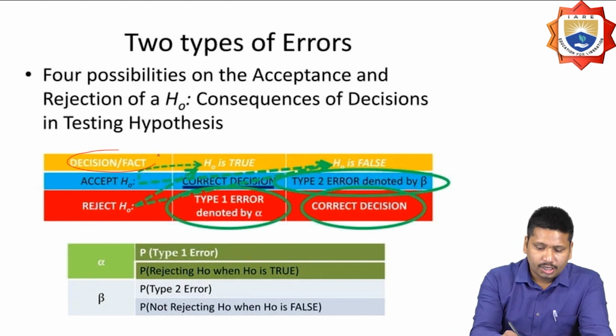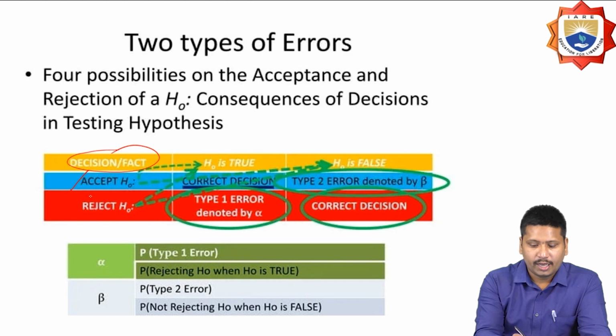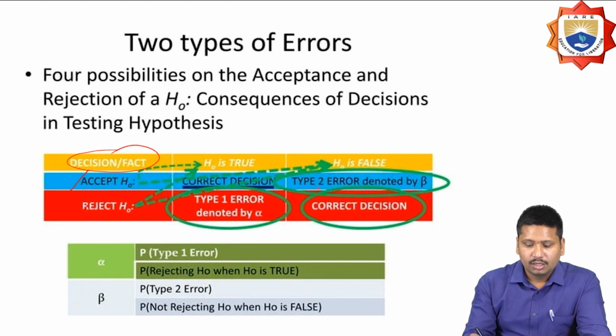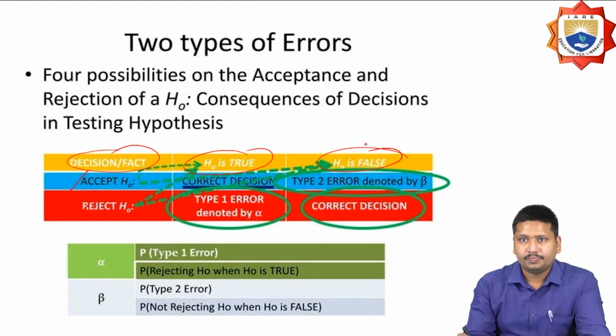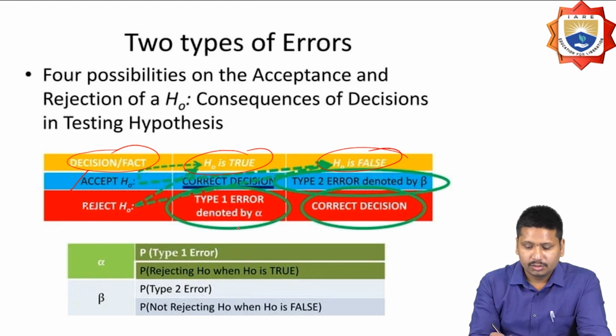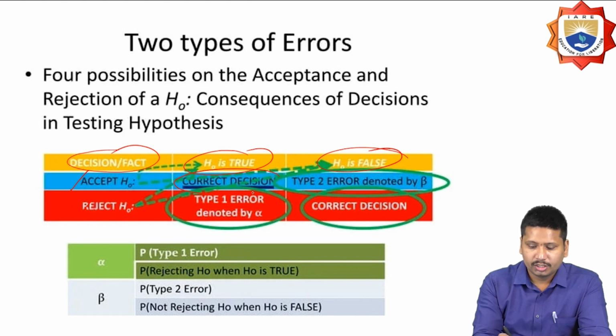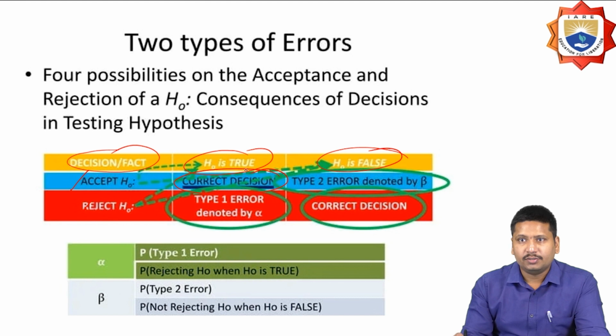So I'm taking the decisions as accept and reject, and here H naught is true and H1 is false. For acceptance, if the assumption I'm taking for H naught is true, then it should be considered the correct decision.